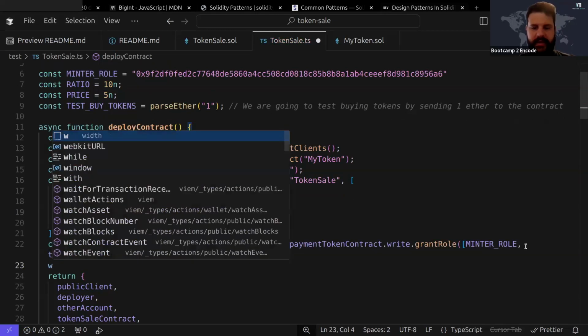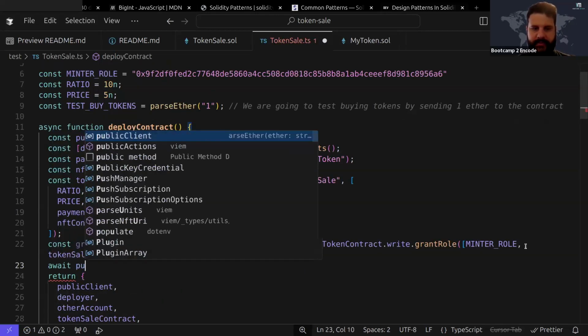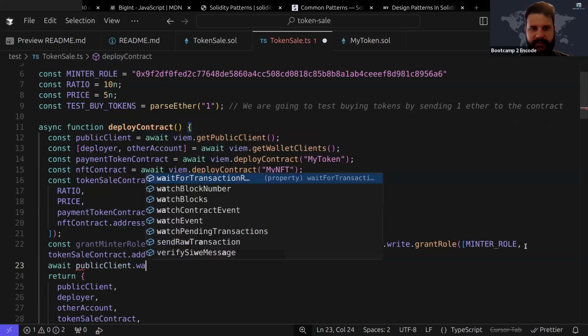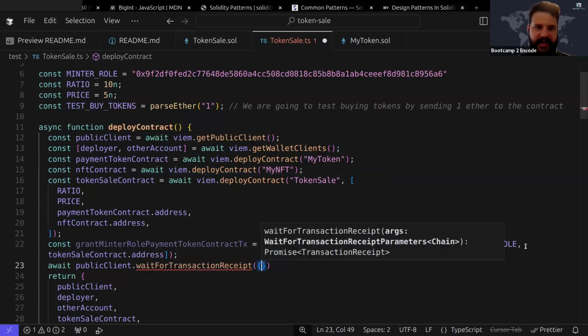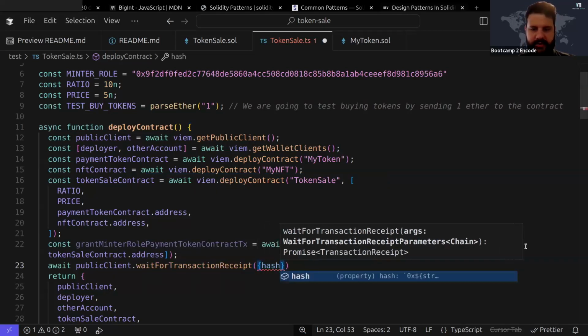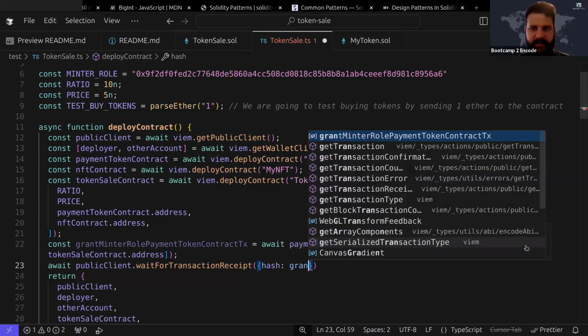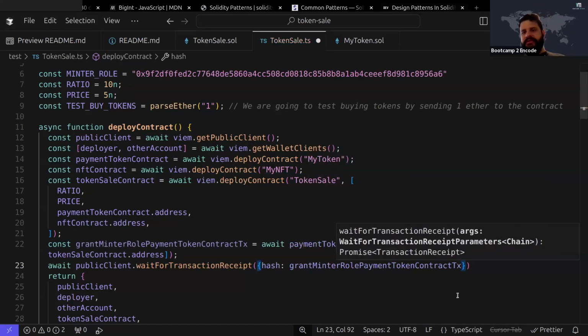Then I'm going to await the public client, wait for transaction receipt, by passing the hash of this grant minter role payment token contract transaction.